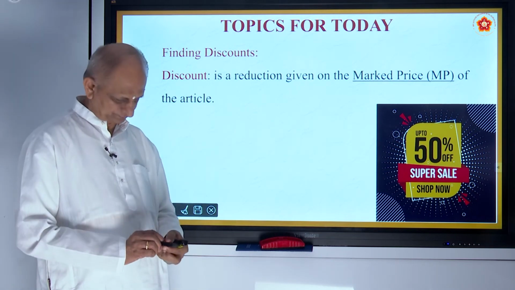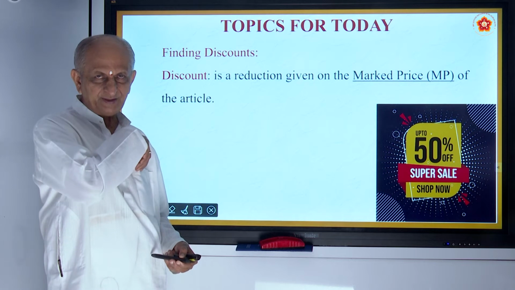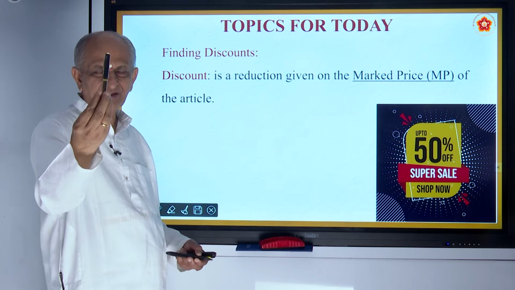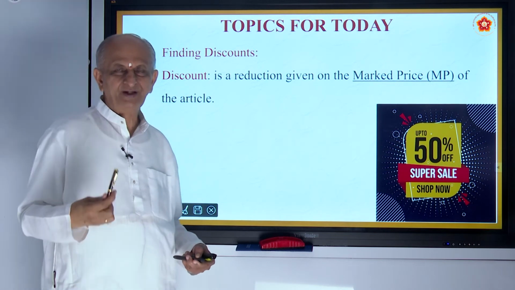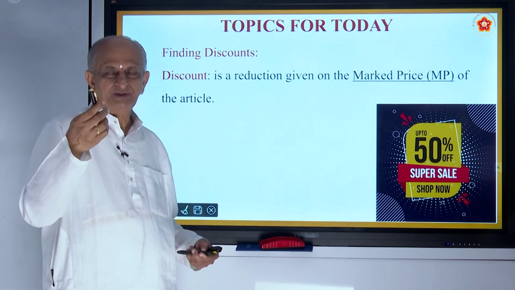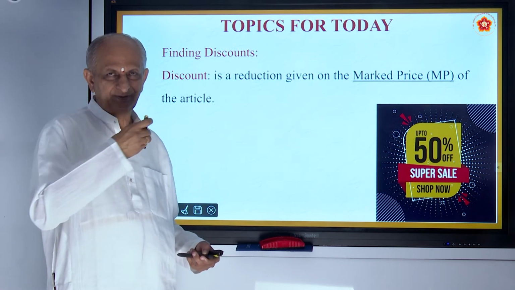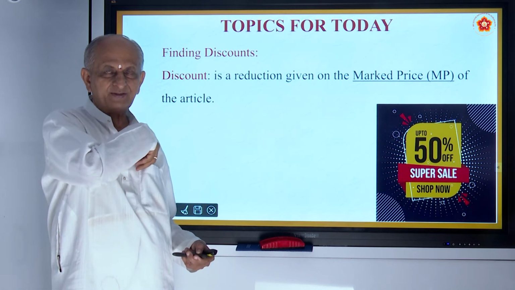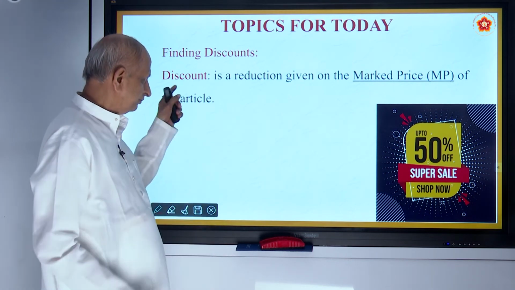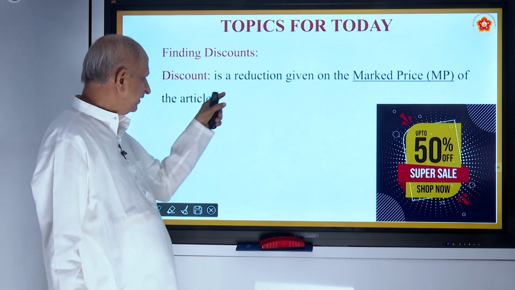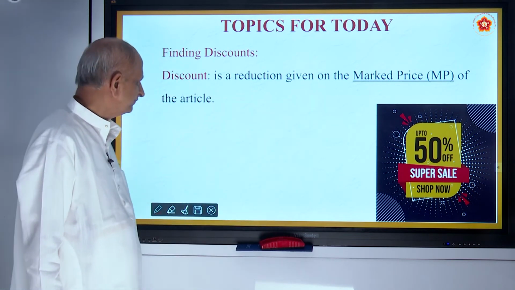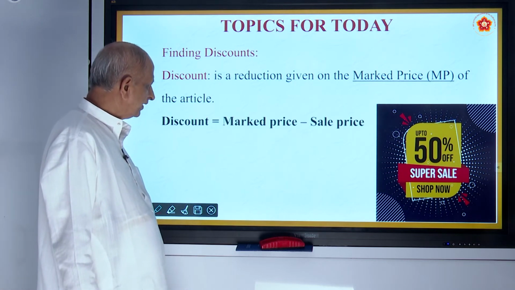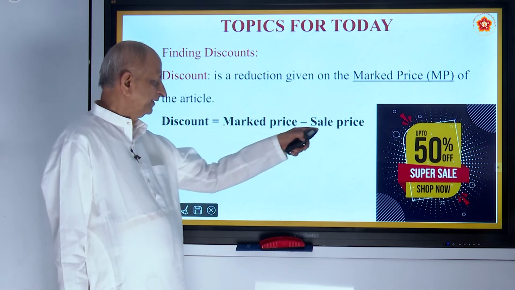Suppose the cost of the pen is say 15 rupees. On some festival or for some time, they reduce it to 10 rupees. So they reduce it. That is called discount. It is calculated on the market price. And now what you are getting, that is called selling price or sale price.